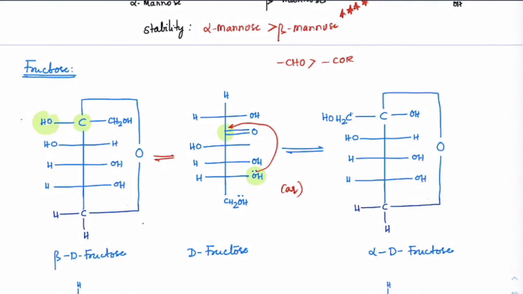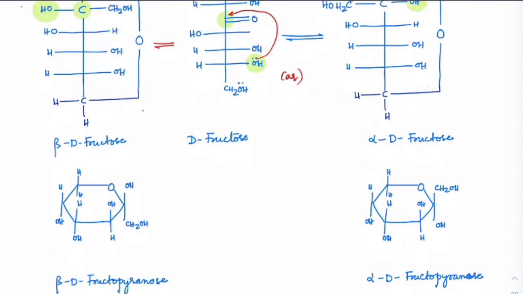If OH is on the left hand side, we call it beta fructose. If OH is on the right hand side, we call it alpha fructose, just like the same designation used for glucose. So D-fructose in aqueous solution will also get into equilibrium, which means it is also showing mutarotation, and it gives alpha-D-fructose and beta-D-fructose.